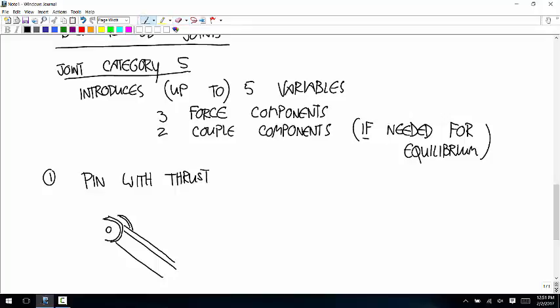So I'm going to use a coordinate system with the z-axis this way, the x-axis this way, y-axis up.